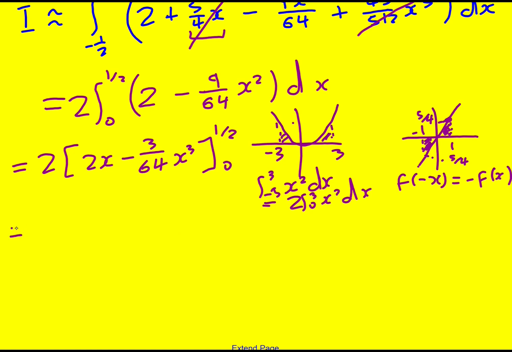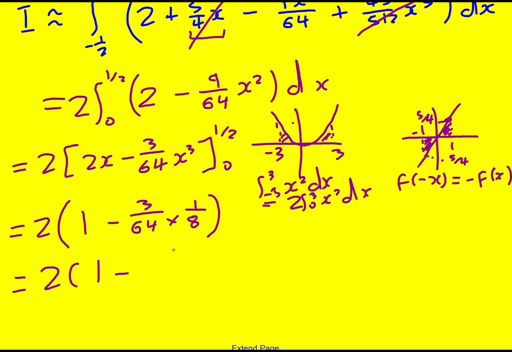I just ignore those terms. So 2 times 1 minus 3 over 64 times 1 over 8, which becomes 1 minus 3 over 512.